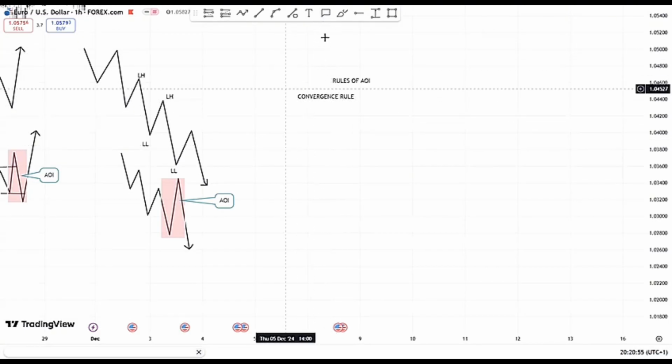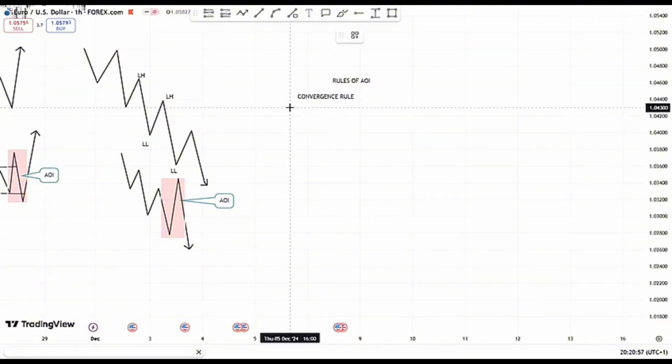The first category is what we call the inverse convergence. The second one is what I call the full convergence. And the third one is what I call the partial convergence.